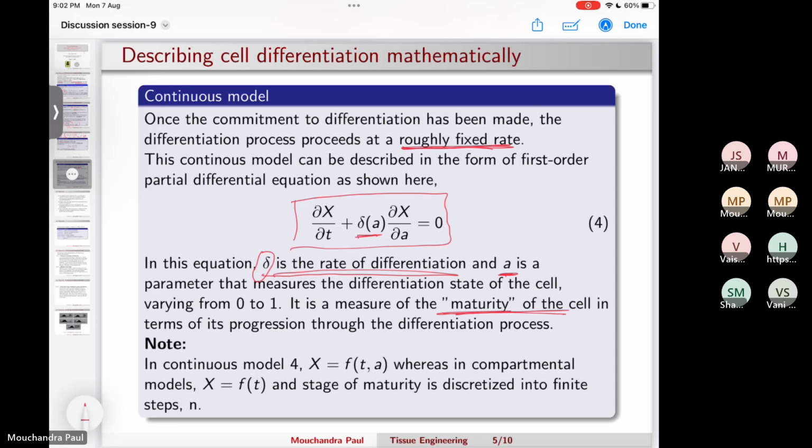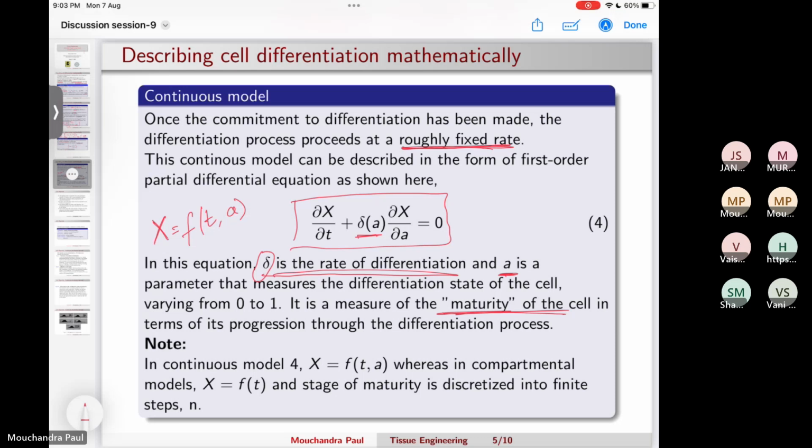So, and x, the cell number, is also a function of a, and this entire equation, this left hand side, is equal to 0. This is a partial differential equation. Now as you know, here x is a function of two parameters. From this equation I think you can understand that x is a function of two things, both time and a.